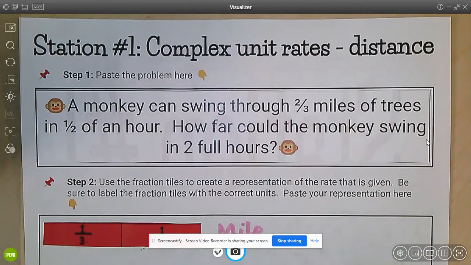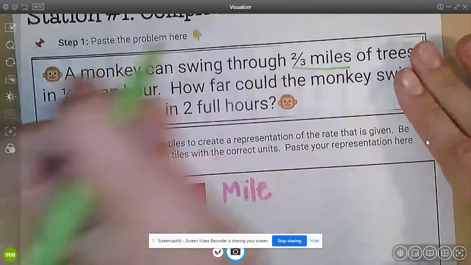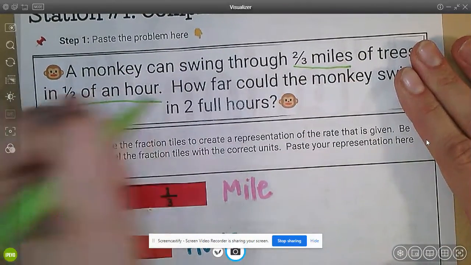Okay, so step 2 is to use the fraction tiles to create a representation of the rate that is given in the problem. Be sure to label the fraction tiles with the correct units and paste your representation here. As you can see in my problem, I'm going to underline a few things. It says that a monkey can swing 2/3 miles in 1/2 of an hour.